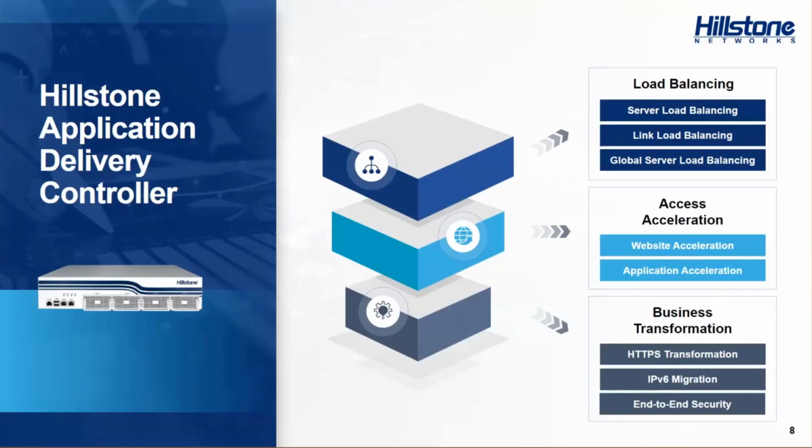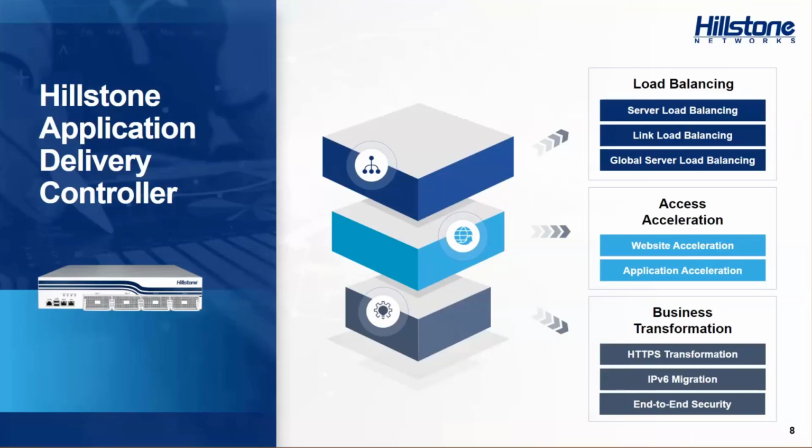Hillstone ADC can deliver a marked improvement in the user experience, which contributes to overall operational efficiency and productivity in the work environment. Hillstone ADC offers a full range of load balancing capabilities, including server load balancing, link load balancing, and global server load balancing.